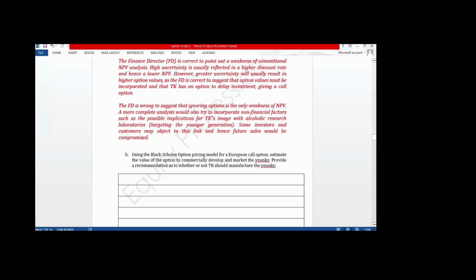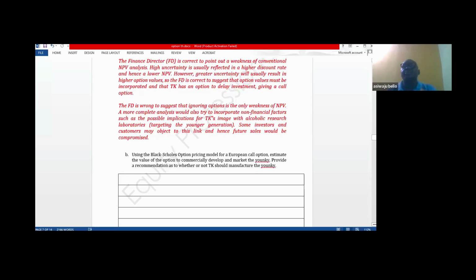One, the right can be exercised at any point for the European call option, while the American is at the end of the maturity period before the right can be exercised. Who is speaking, please?